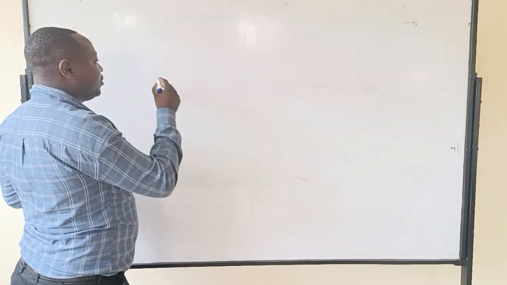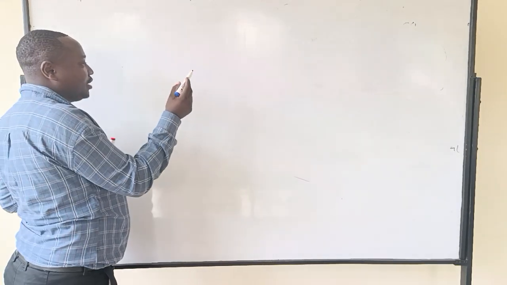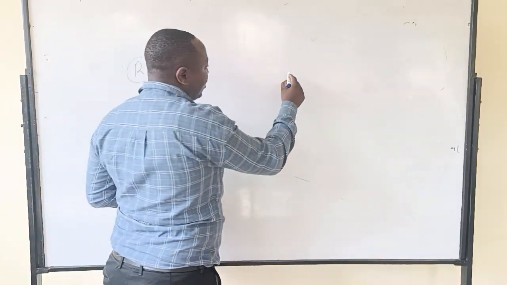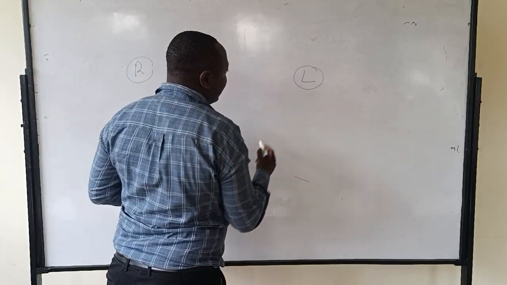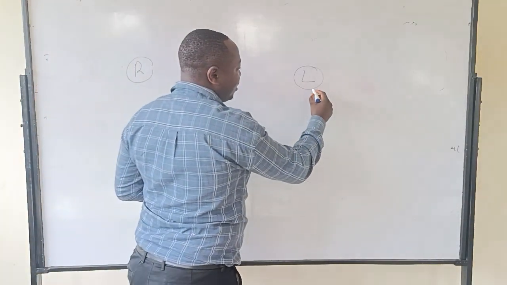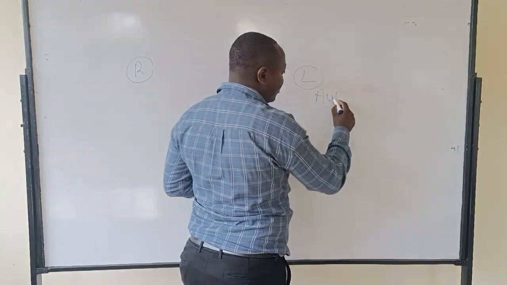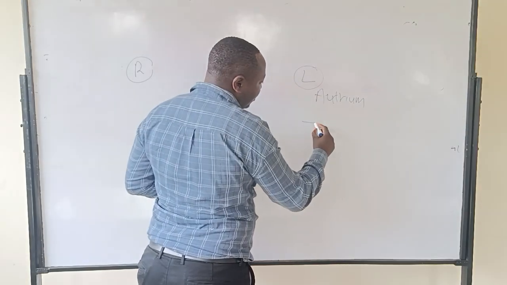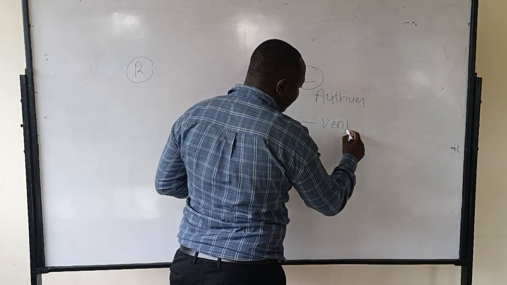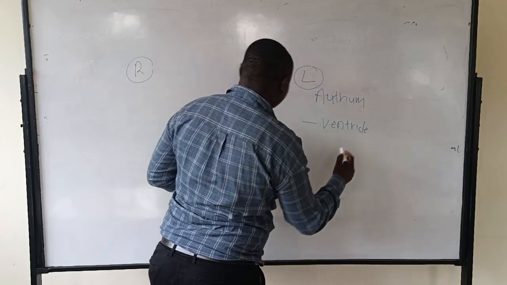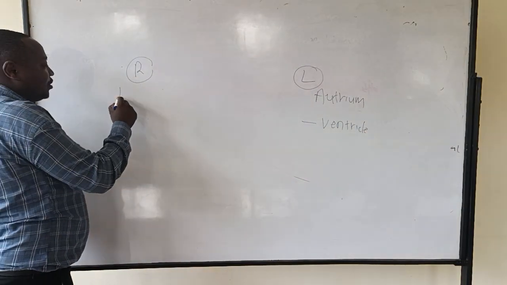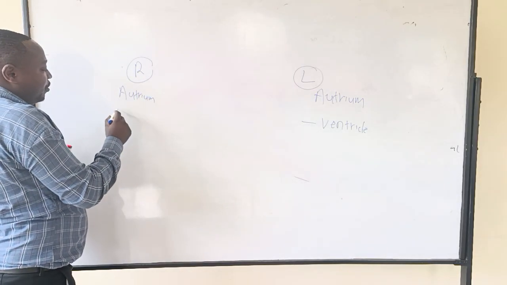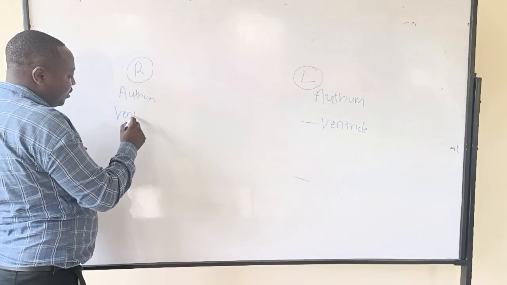The heart has the right side and also the left side. On the left side, we have what we call the atrium, and also the ventricle. Still on the right, we have the atrium, and also the ventricle.